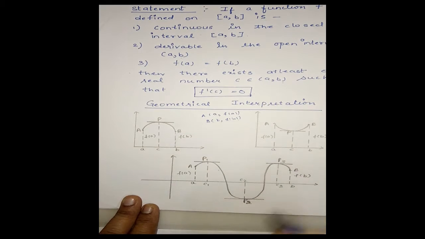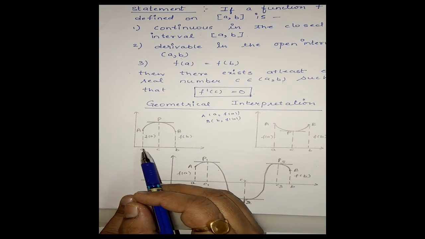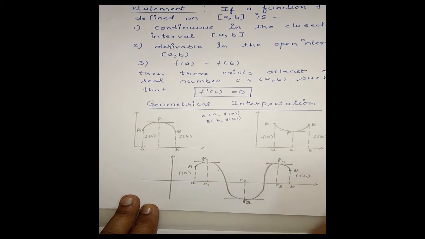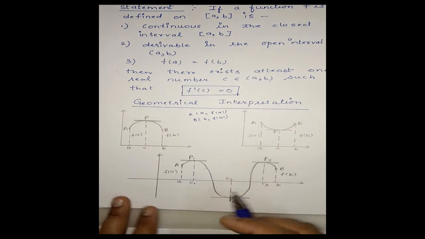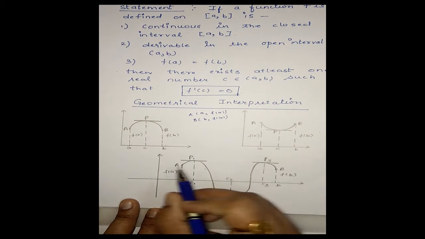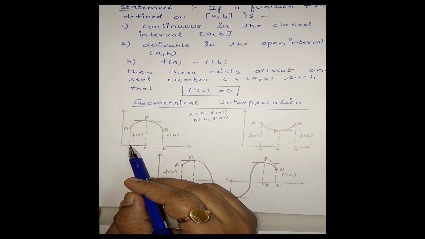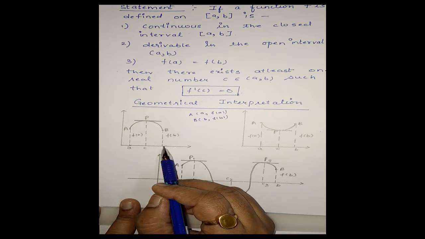In all these three graphs, we have taken A and B corresponding to x equal to a and x equal to b.